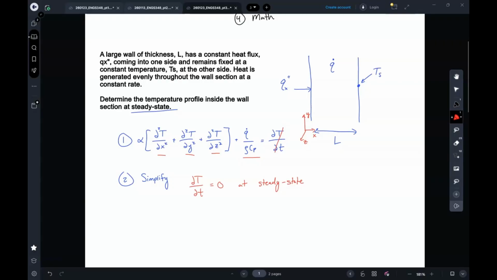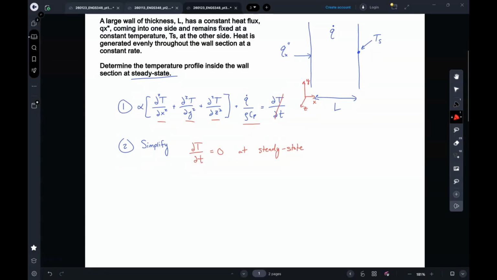Do we expect there to be changes in the temperature profile in the vertical direction in y, from left to right in the x direction, or in the in and out of the page direction? And really, in the in and out of the page direction and the up and down direction, both of those directions we expect nothing really to be happening. Heat's flowing in the x direction. That's where all the good stuff is happening.